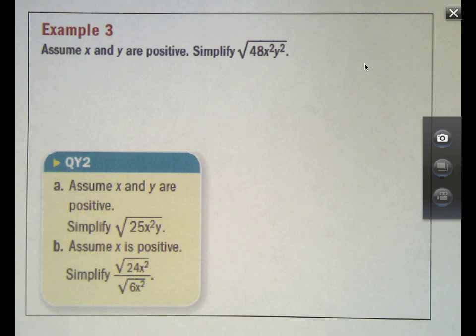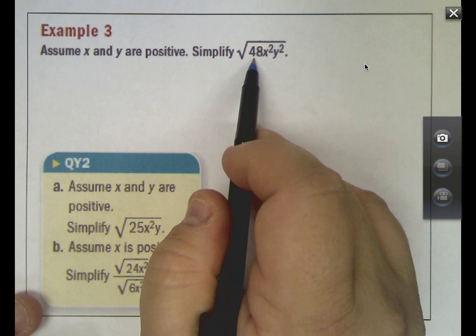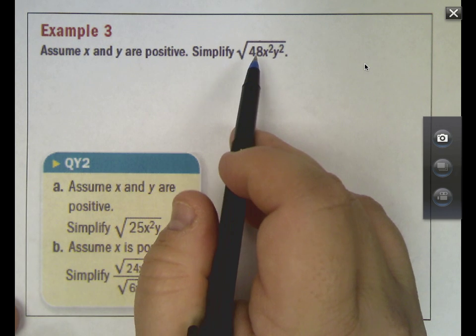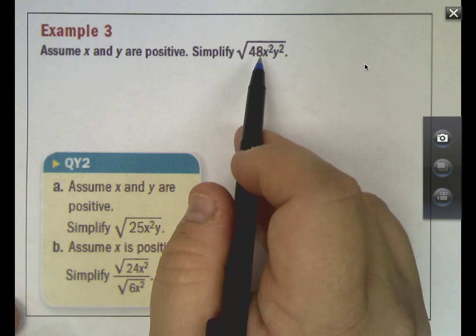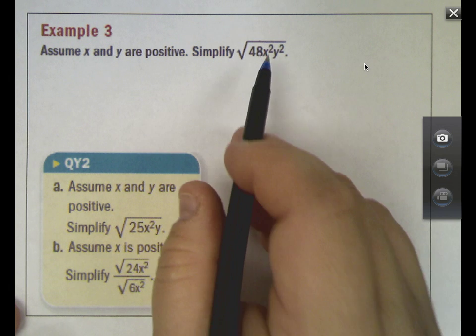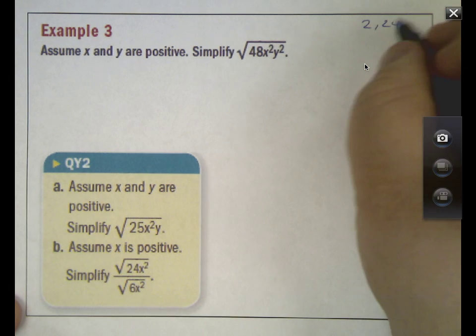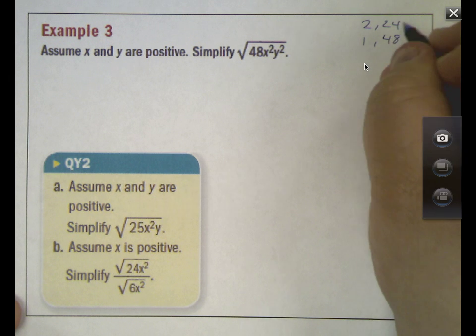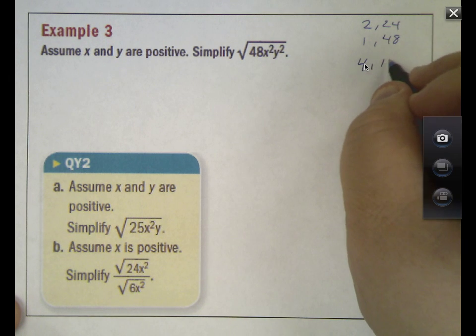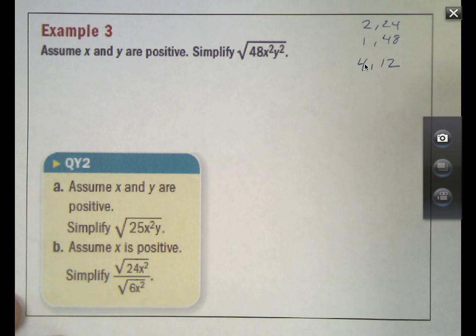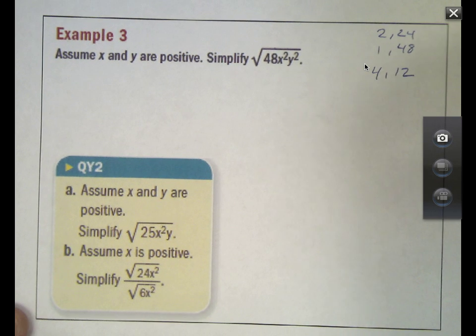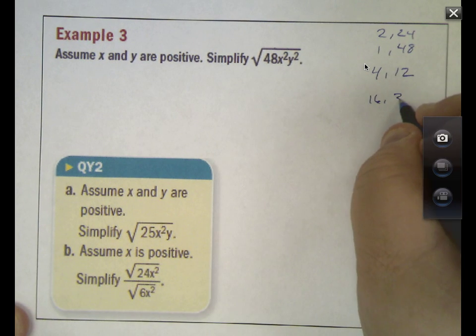Example 3, assume x and y are positive. Simplify the square root of 48 x squared y squared. Now, you treat the number just like you did before. Factors of 48: 2 and 24, 1 and 48, 4 and 12.